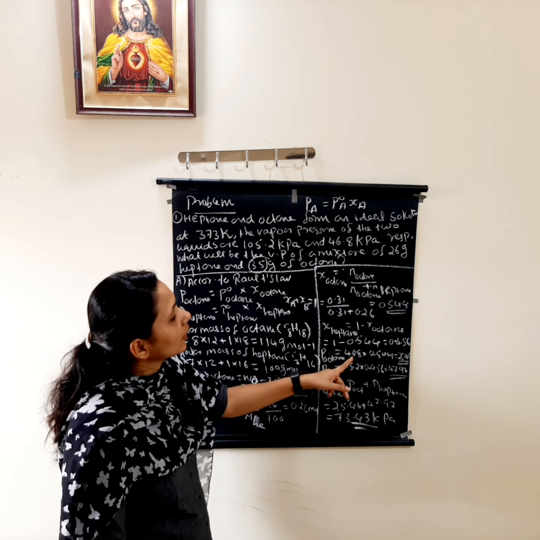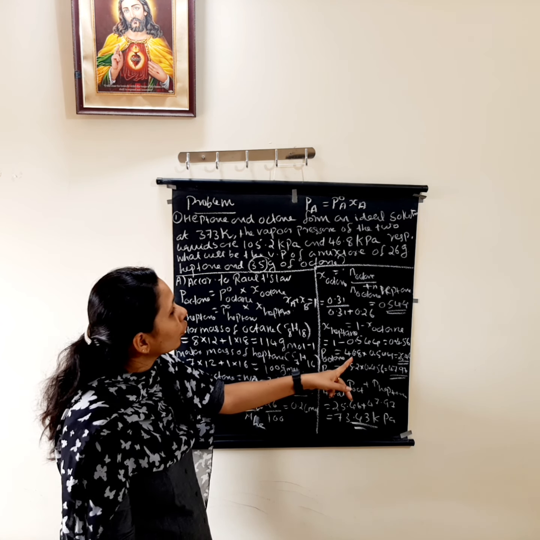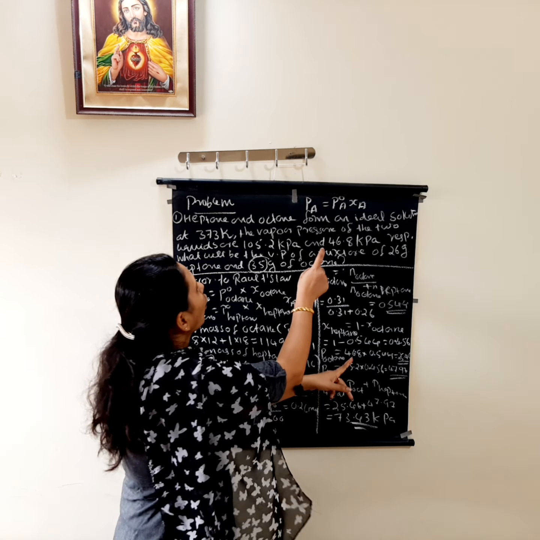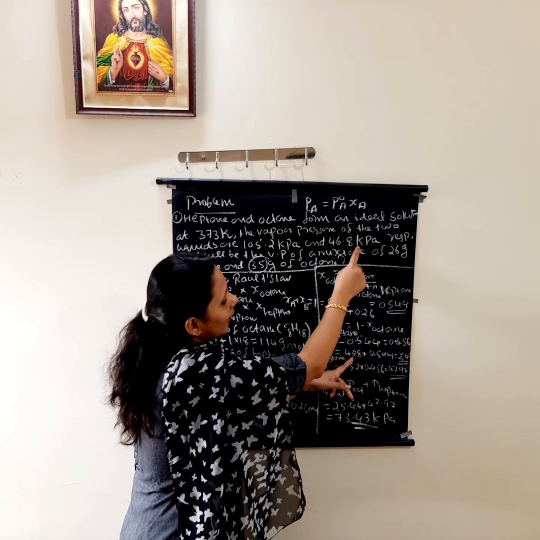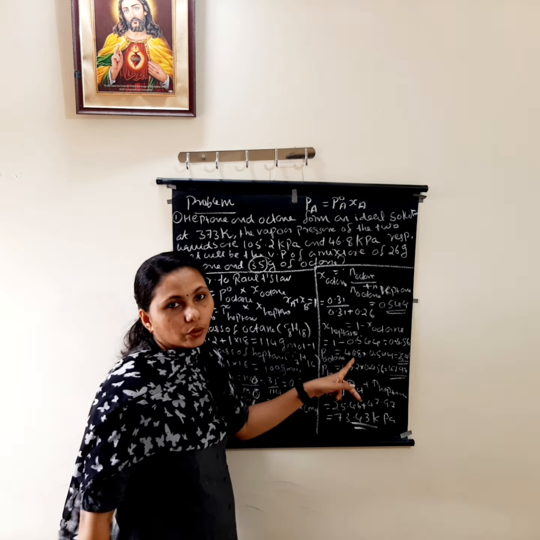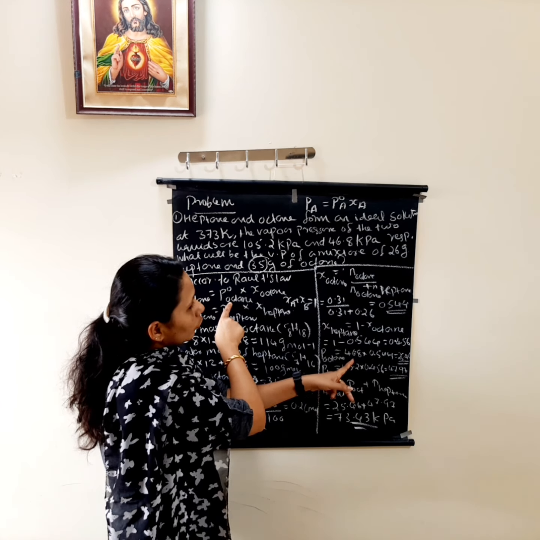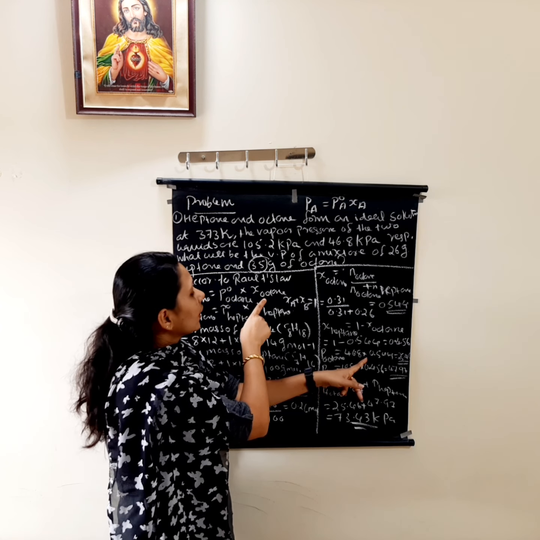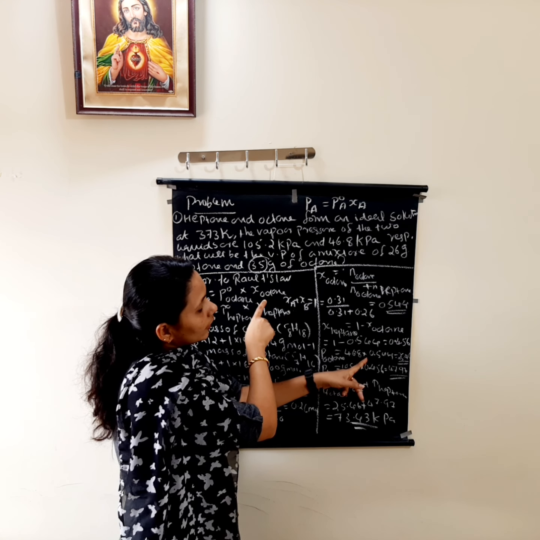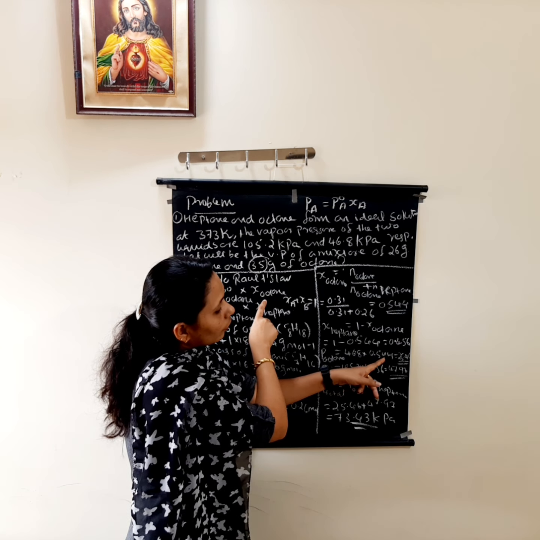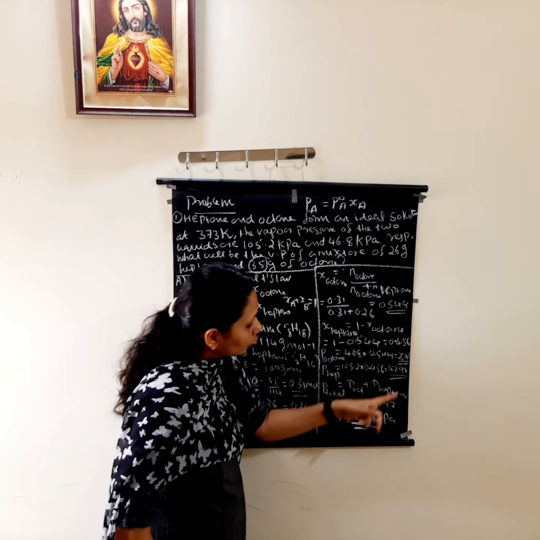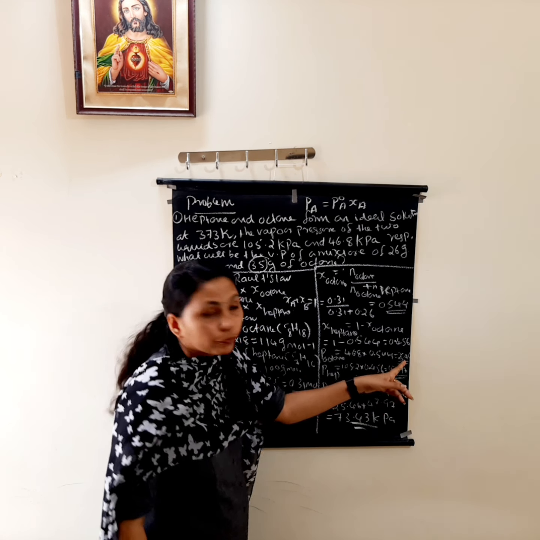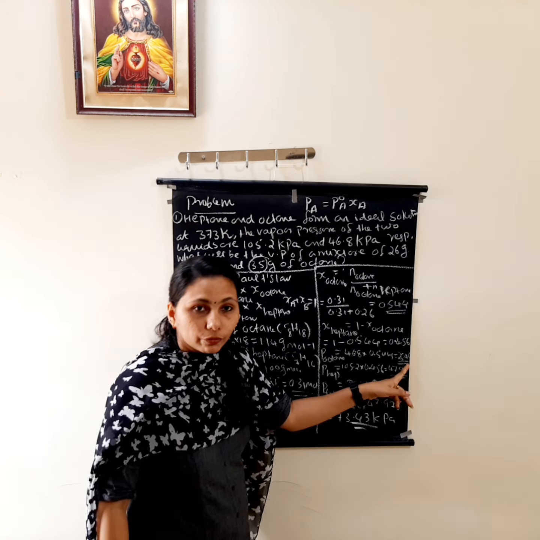P0 is given here, the vapor pressure of pure octane in the problem, it is given 46.8 kilopascal. So P0 of octane equal to 46.8 into the mole fraction we already calculated for octane, 0.544, that is equal to 25.46.